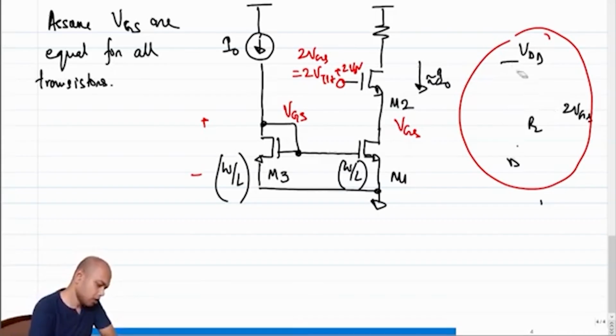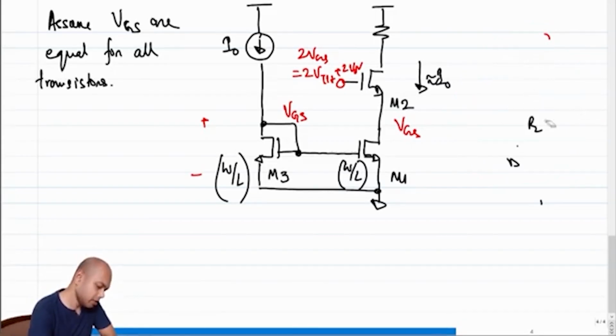So let's take a step back again and see what is the other possible option. How did we generate the voltage VGS that was required to bias M1? We generated the voltage VGS by pushing a required current I0 into M3, which was diode connected, right?